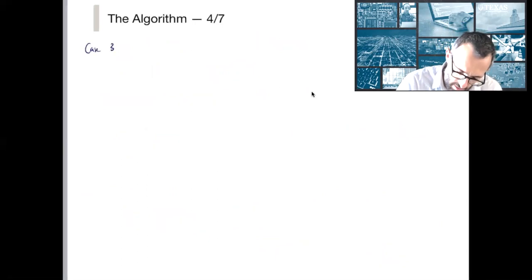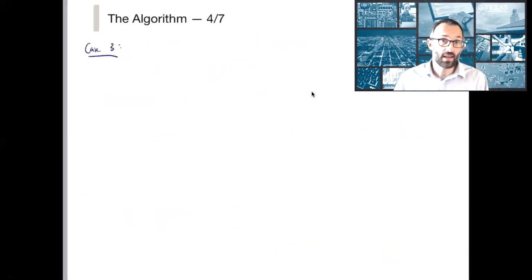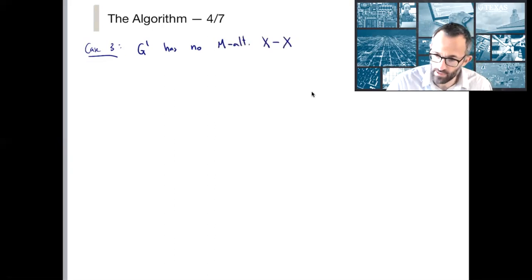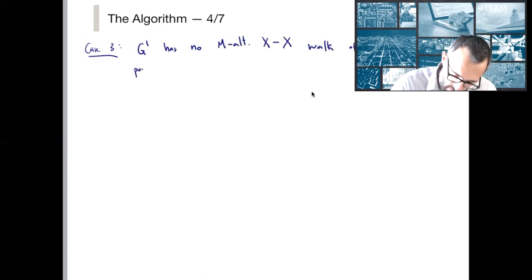Case 3 is what? It is the setting where I can find an augmenting path, and also I have no blossom. In other words, this is only going to happen if G prime has no M alternating X to X walk of positive length.